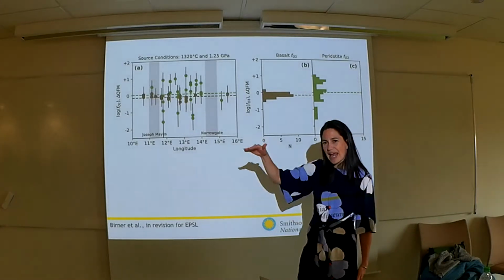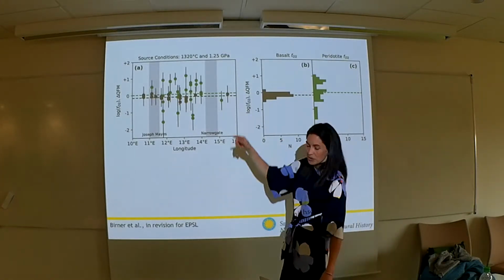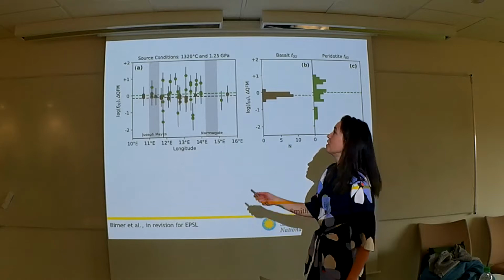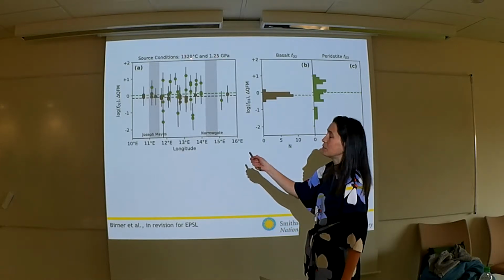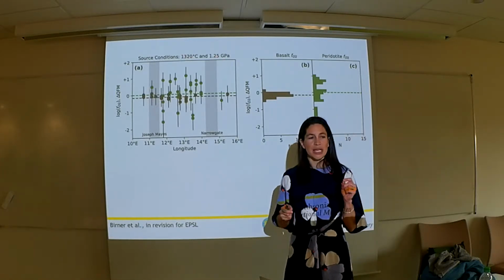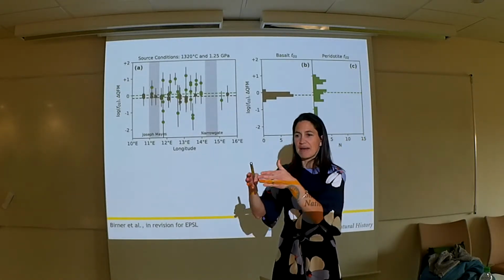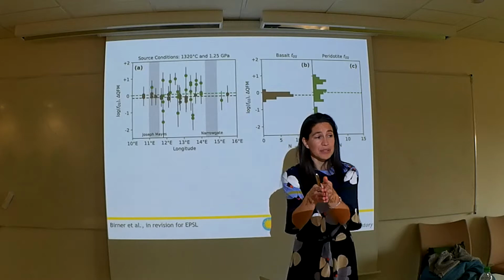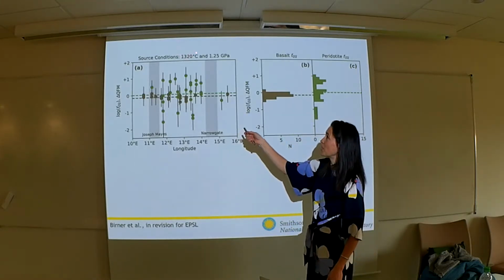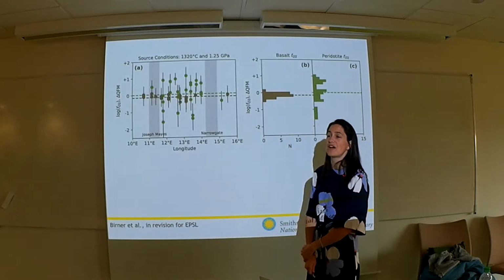So choosing that halfway point and now correcting the basalts and the peridotites to when they were last in equilibrium, if we do thermometry on the basalts and the peridotites to model the chemistry back until the time they're in equilibrium, the temperature is more like 1320 and 1.25 GPa.